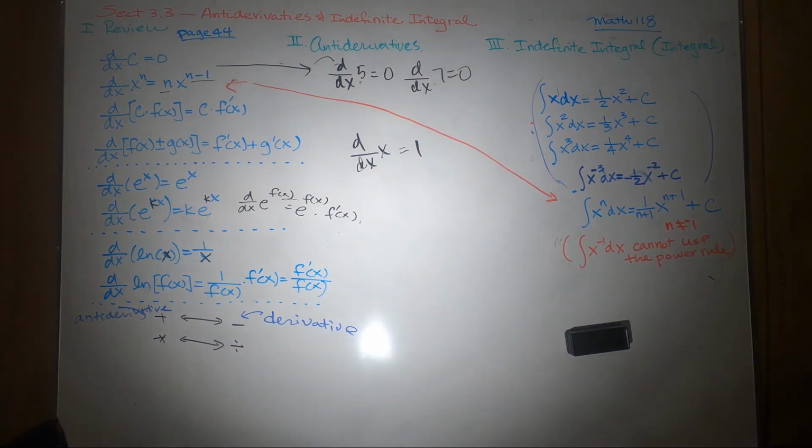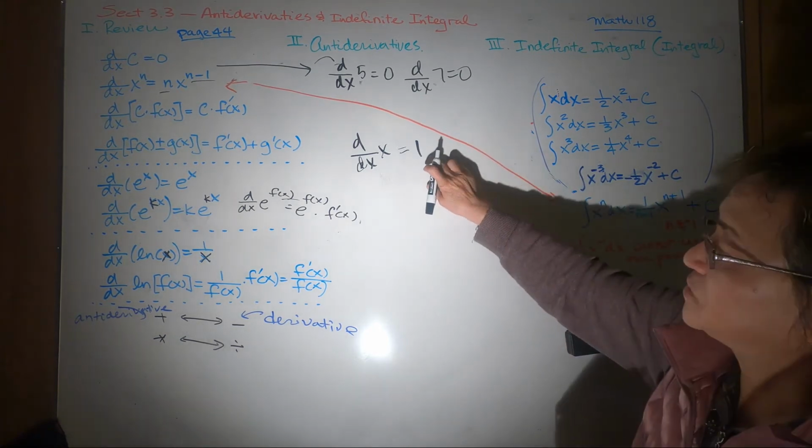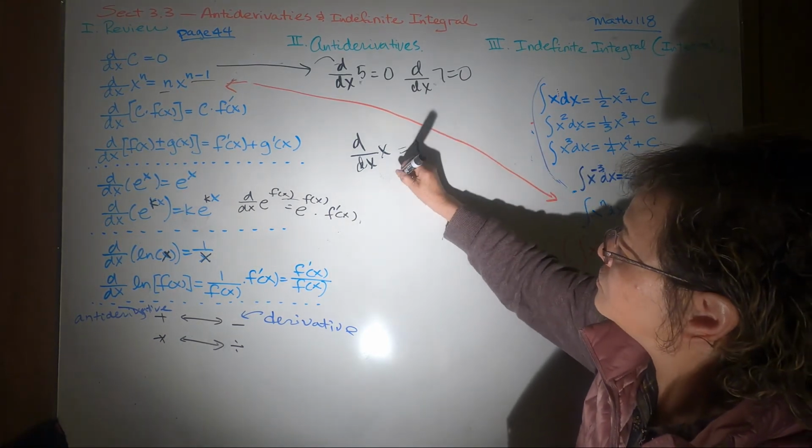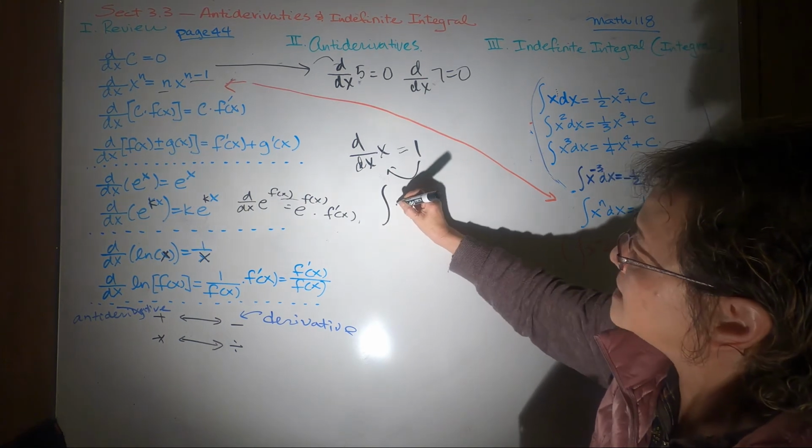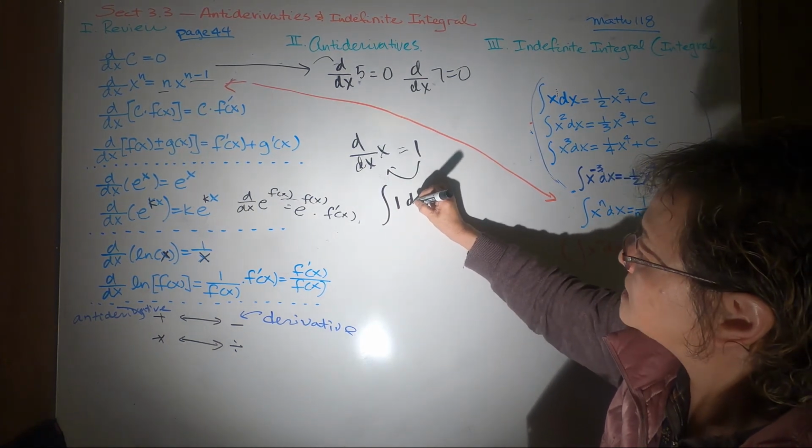So if I want to do the antiderivative of just a number, I do the antiderivative of 1 dx.